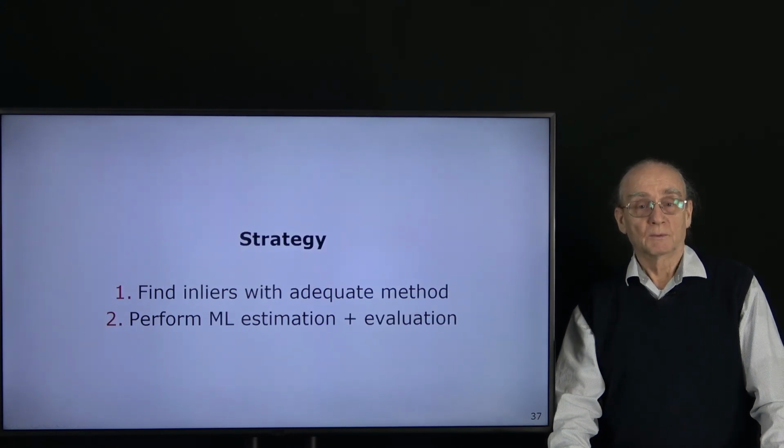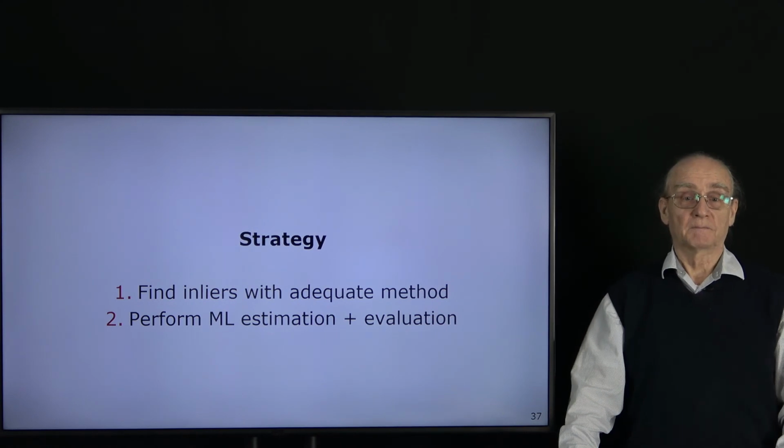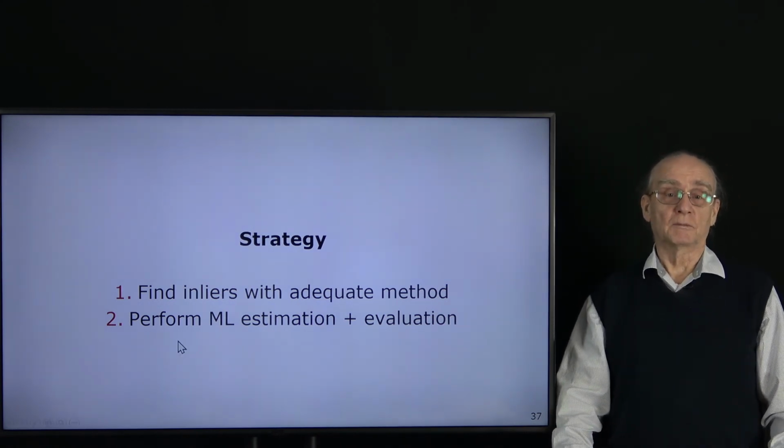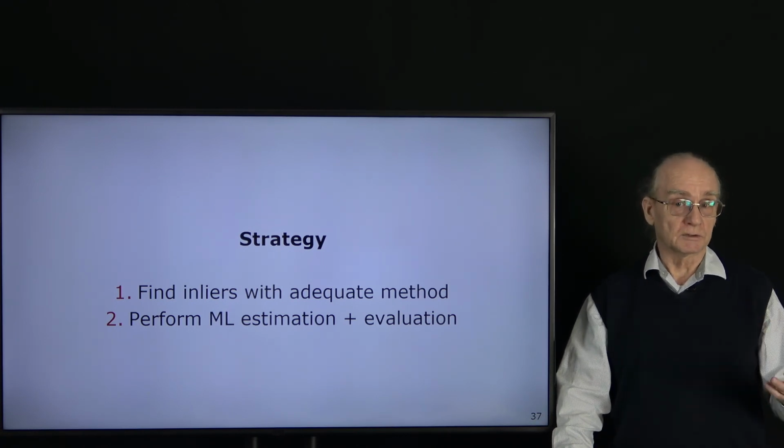So, what is the strategy behind what I told you in these lectures? We start at the end. We first find the outliers with some adequate method, in this case probably RANSAC, and then afterwards we take the inliers and perform a maximum likelihood estimation with the inliers, where we assume that they are Gaussian distributed.